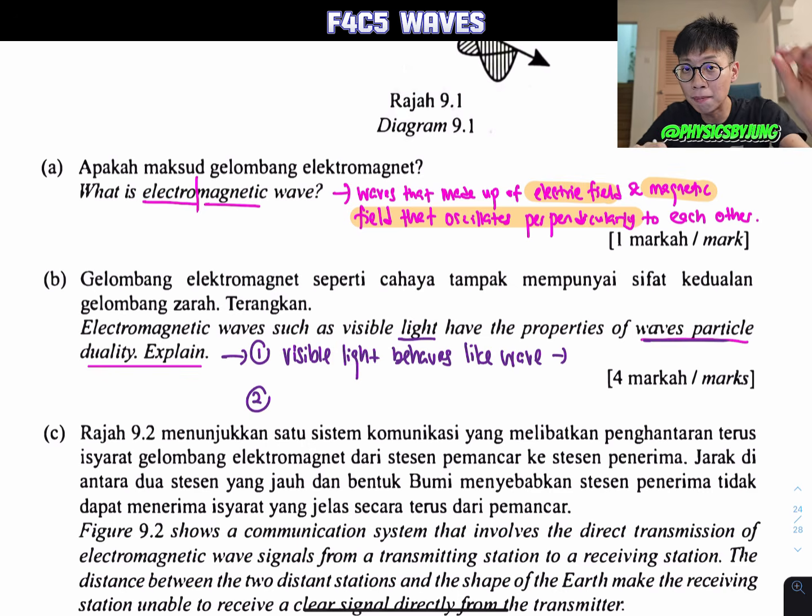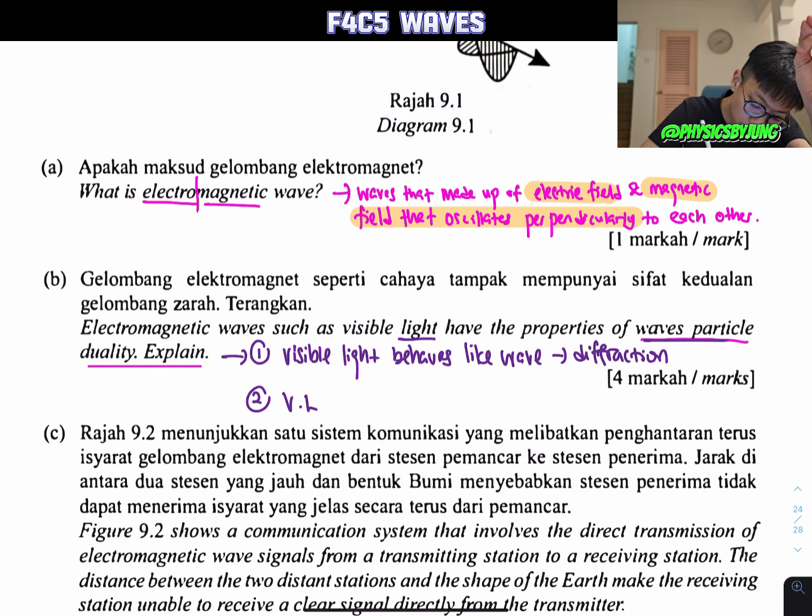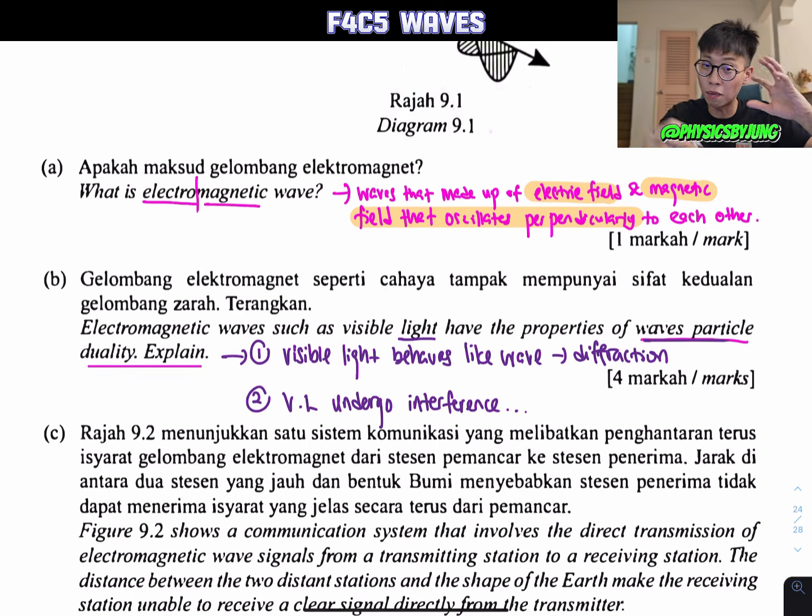Remember, when something is regarded as a wave, it must be able to undergo diffraction, and your visible light can also undergo this thing called interference of wave. So whatever can undergo diffraction and interference will be grouped under the wave family.